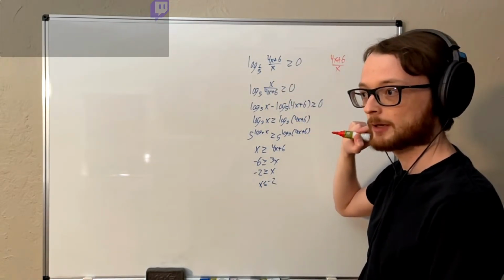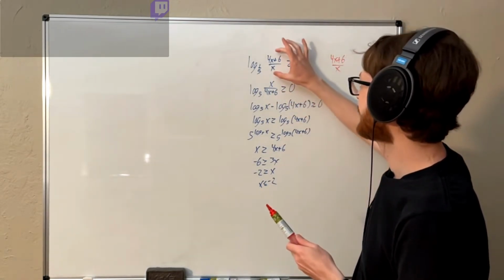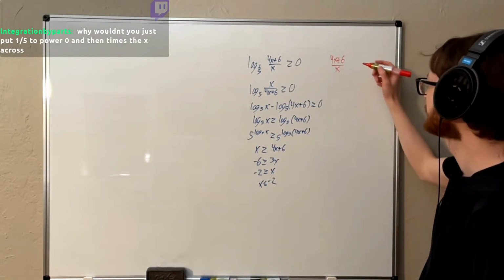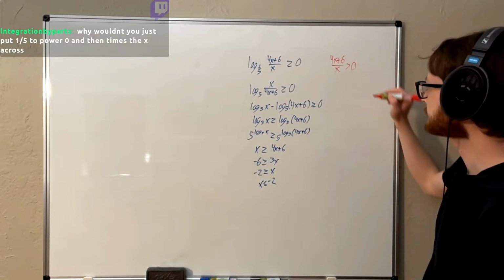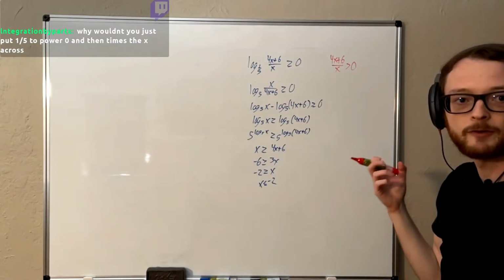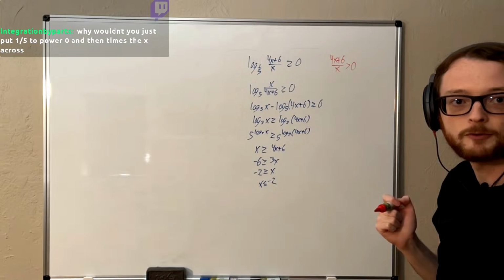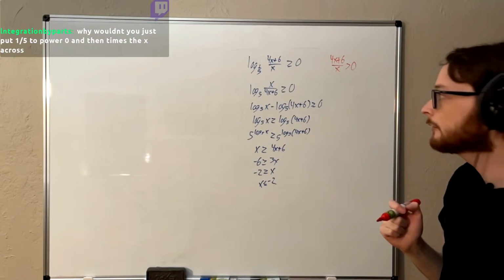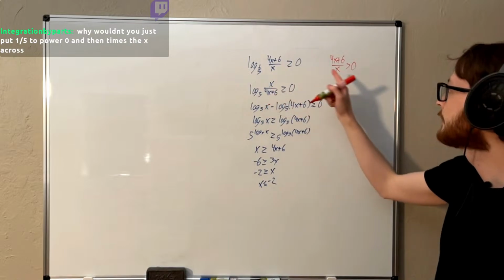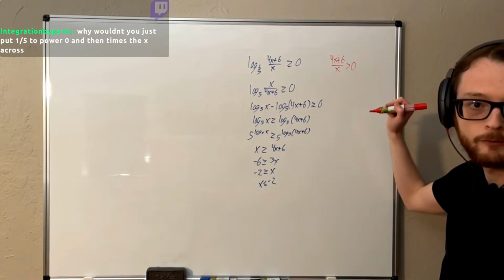So we also have to worry about where this thing inside is equal to 0, or, well, it's only valid if this thing inside is greater than 0. If it is 0 or if it's negative, that's bad. Log isn't defined for 0 or negative numbers. So we need to make sure we only plug in positive numbers inside here. So we also need to set up this inequality and solve it.